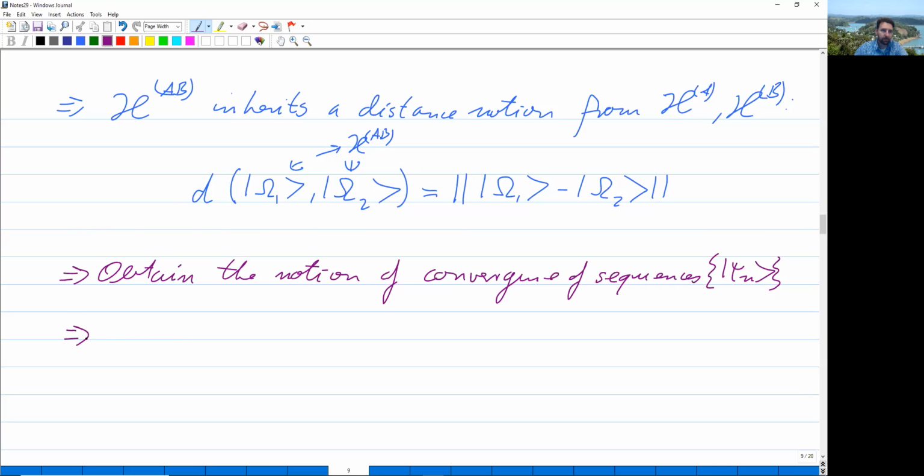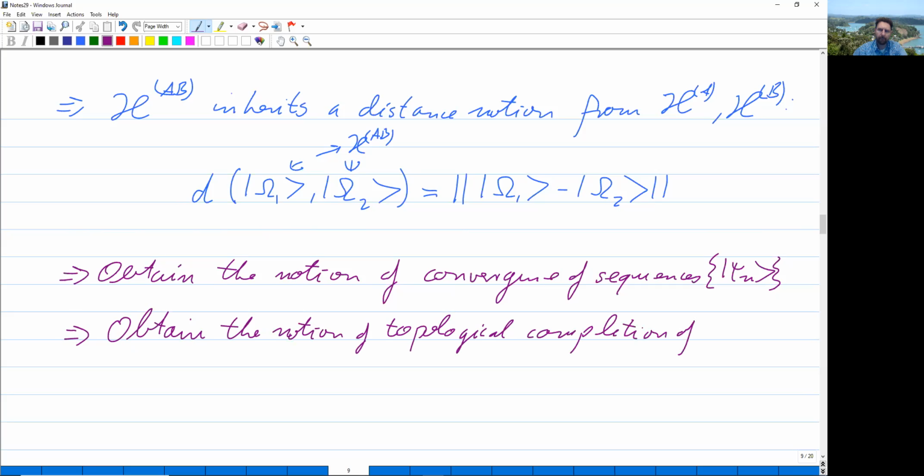So the point here is that we obtain the notion of topological completion of HAB by requiring the convergence of all Cauchy sequences.